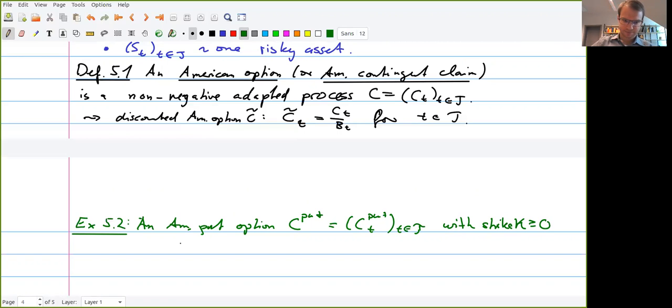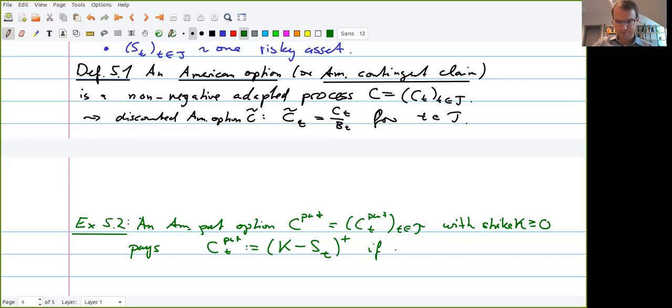So we have the strike price K. The payoff at time t of this put option is, unsurprisingly, since we're talking about a put, you can sell for the strike price K. And this is K minus S_t, and you only do it if you make no losses.